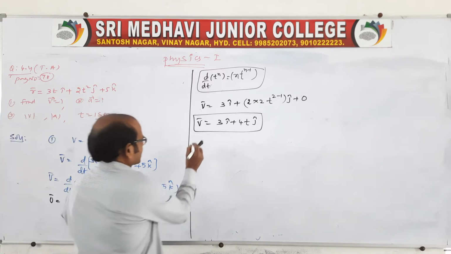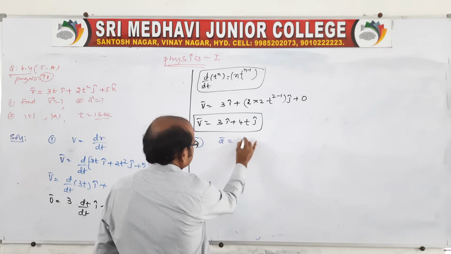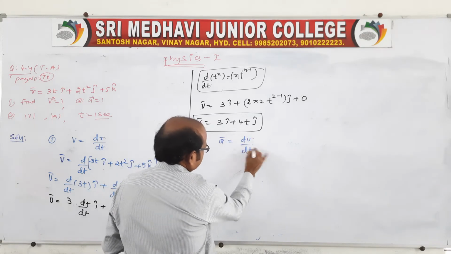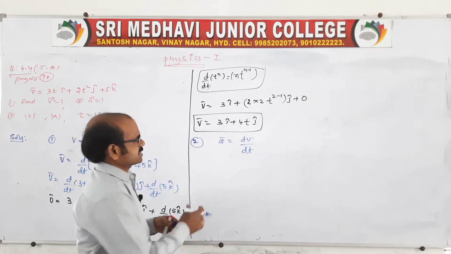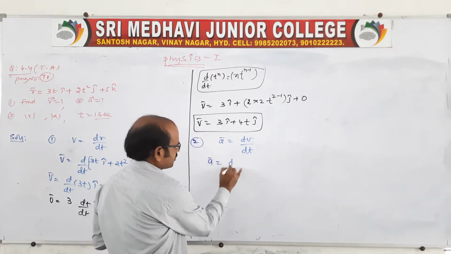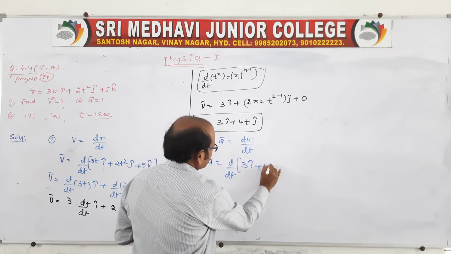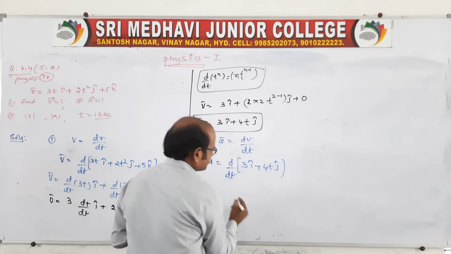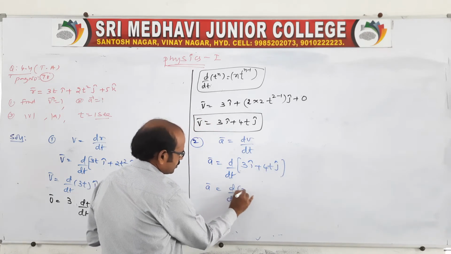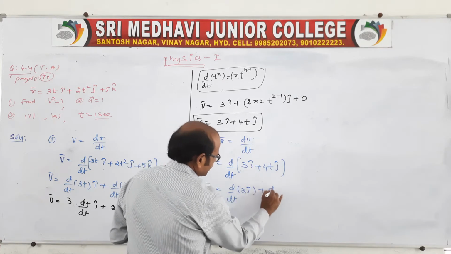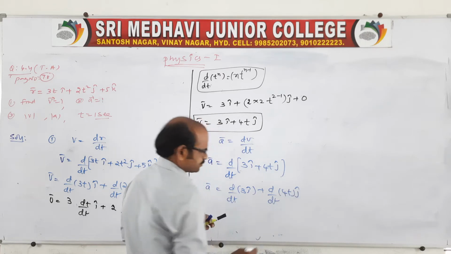Now go for the second one, which is asking for acceleration. Acceleration is nothing but dv by dt. What is v given? 3 i cap plus 4t j cap. So a bar is equal to d by dt of 3 i cap plus 4t j cap. Again the same method: d by dt of 3 i cap plus d by dt of 4t j cap.